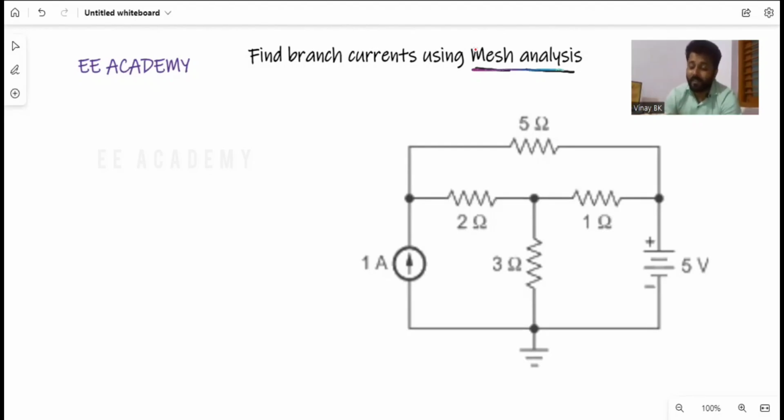Whatever steps we solved in the previous video, where I explained one problem with mesh analysis step by step, just go through that video and you'll get to know the steps. Just follow those steps. I'll remind you of the steps we followed to write the equations with the help of KVL, using mesh analysis as well as super mesh analysis in this problem.